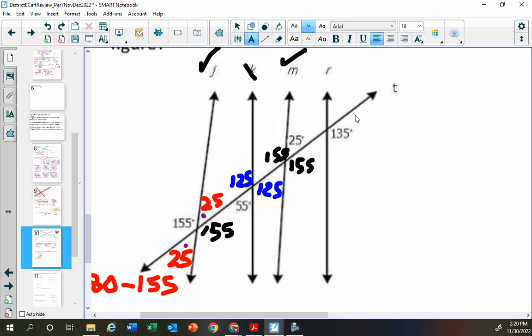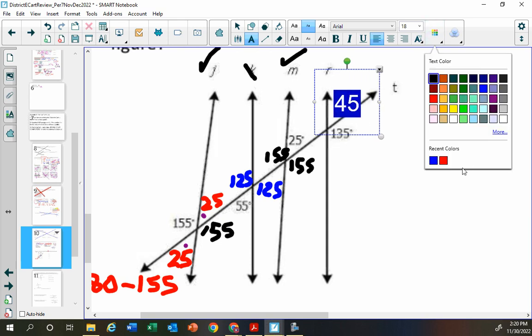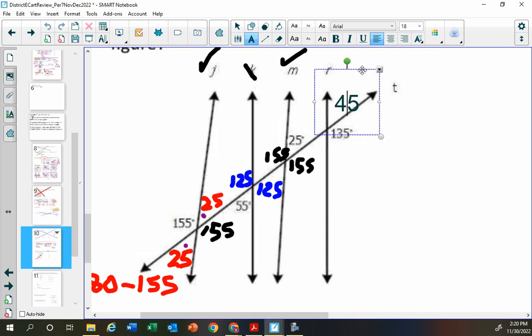What's 180 minus 135? 45. This is 45. Right, this one's not going to work. So which two lines? M and J. Your test might have 2 or 3, but J and M would work.